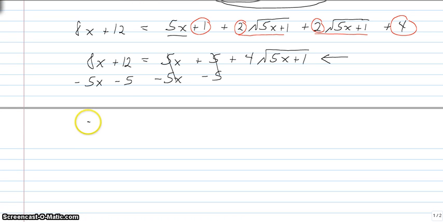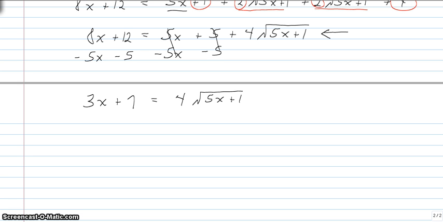On the left, I'll have 3x plus 7 equal to 4 radical 5x plus 1. And then I could divide through by this 4, but that's going to give me a fraction on the left side. So I will go ahead and square both sides now.